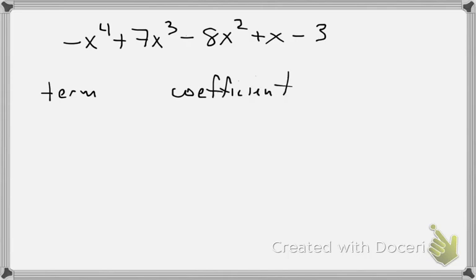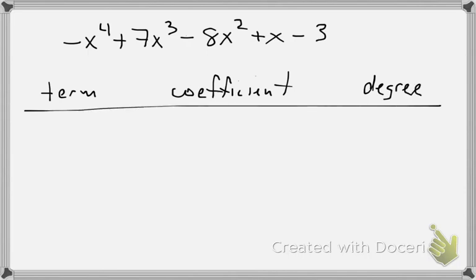So let's break this polynomial down into its terms, its coefficients, and their degrees. So give me a term from this polynomial. Negative x to the 4th. What's the coefficient there? Negative 1. What's the degree? 4.